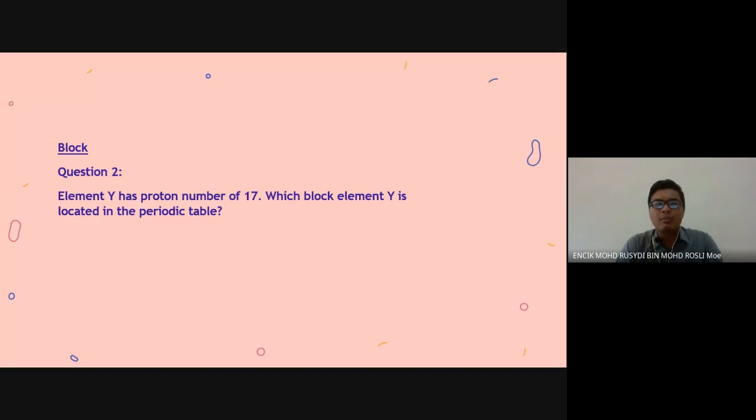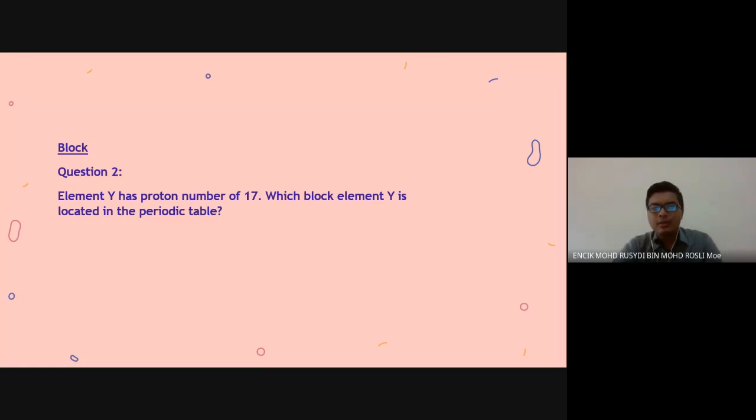So ada yang dah jawab blok D. Blok D. Yang lain? Okay. P block, P block, P block, D. Okay, ada dua jawapan kat sini. Banyak yang tulis P, ada juga yang tulis D.